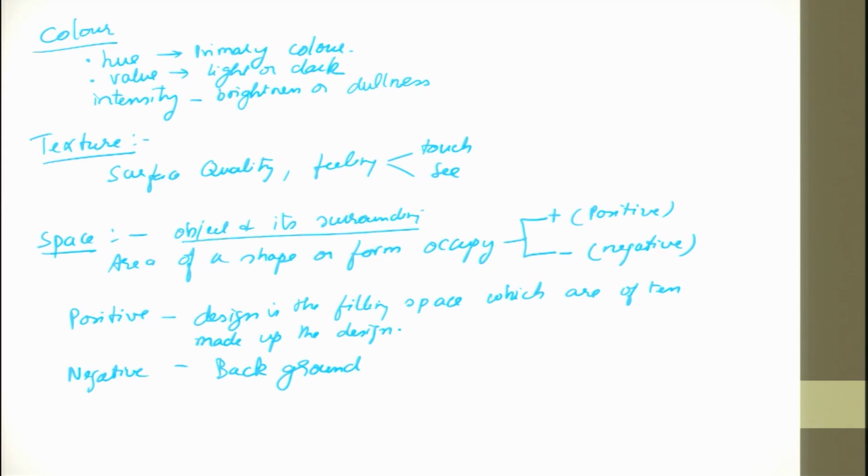So, these are the basic element features which we saw, and then on top of it we have the guidelines. The guidelines for design, principles of design, or I will write it as principles for design.